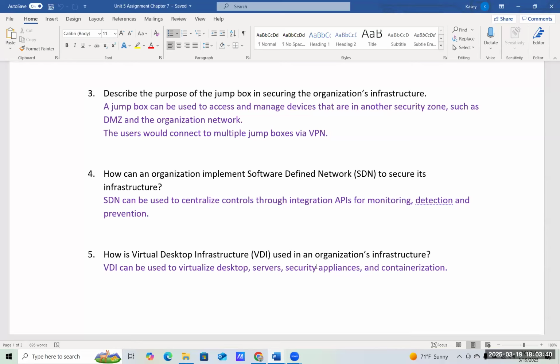So a quick example, right? How can this be implemented? You can use the Wireshark API. You can use security tools' APIs to be able to communicate with your centralized system like a SIEM.